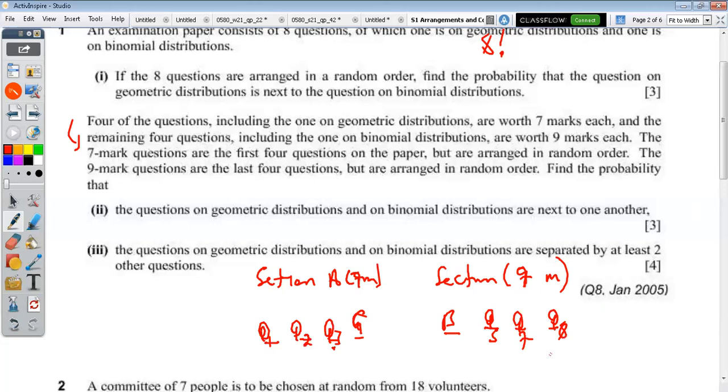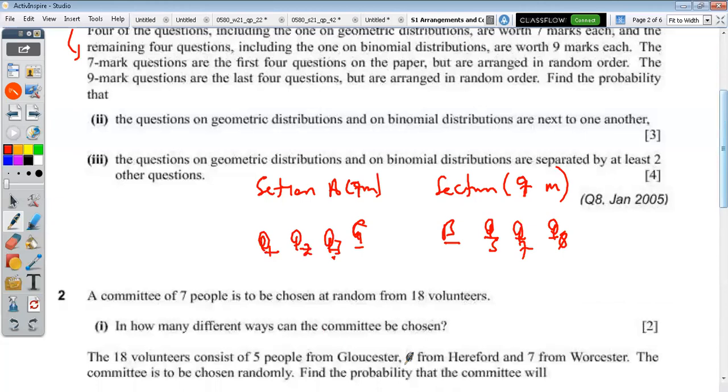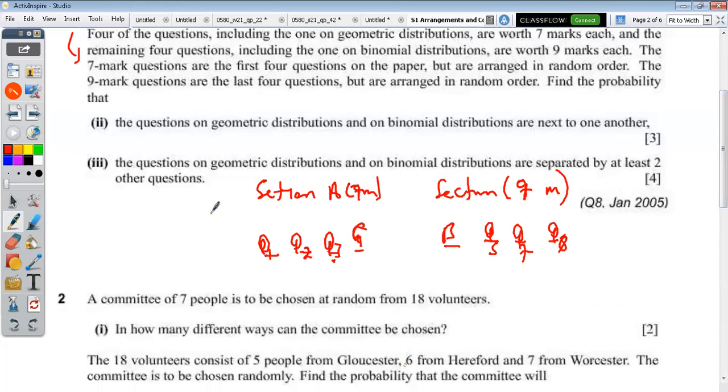So now, when I've got sections like this, if I say 8 factorial, that's wrong. I'm saying the total possible, if all the questions are different, because I've got section A and section B, it's 4 factorial multiplied by the other section, which is also 4 factorial.